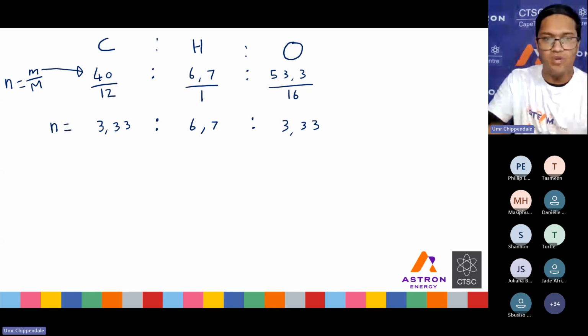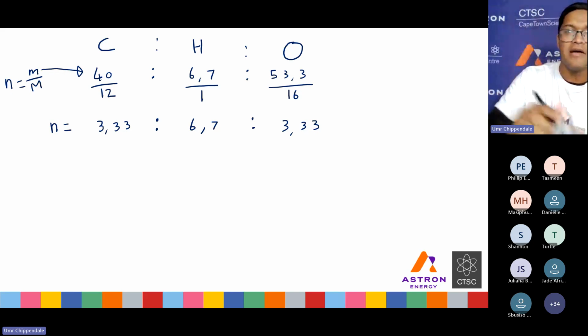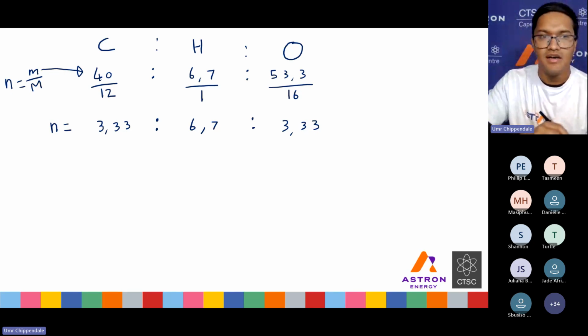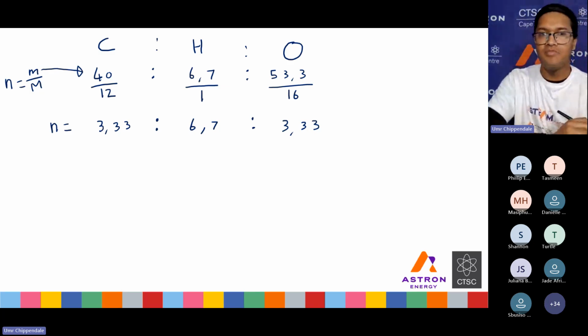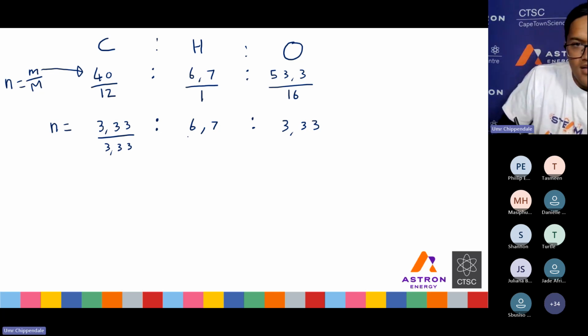When you get to this spot, you now need to divide all three of these by your lowest number. What is our lowest number? 3.33. So we divide each of these by 3.33. 3.33 divided by 3.33 is still 1.